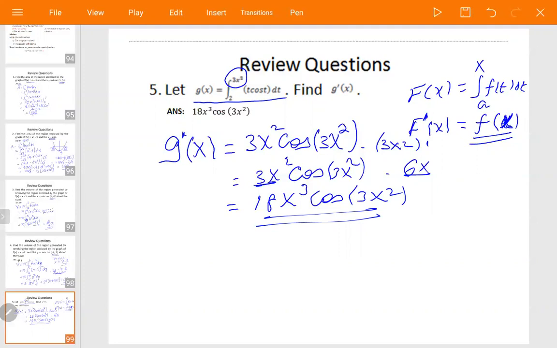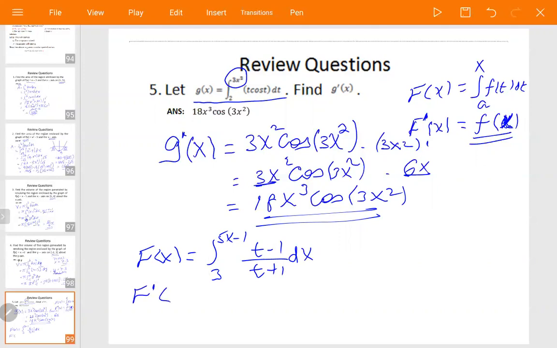Now let me give you another example on this application of the fundamental theorem of calculus 1. For example, let f of x be the integral from 3 to 5x minus 1 of t minus 1 over t plus 1 dt.